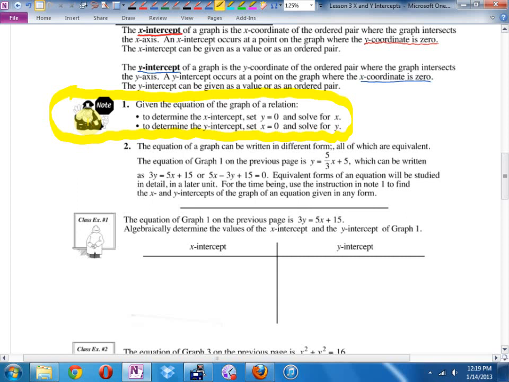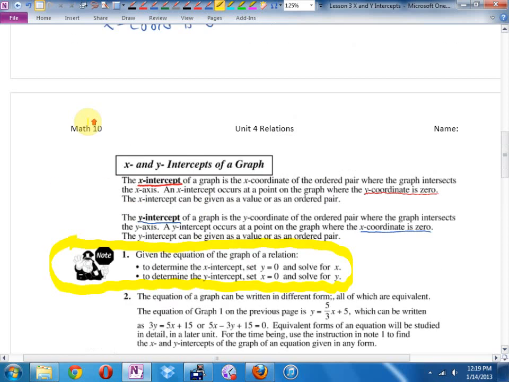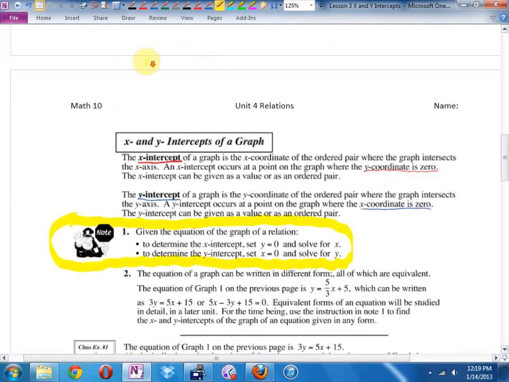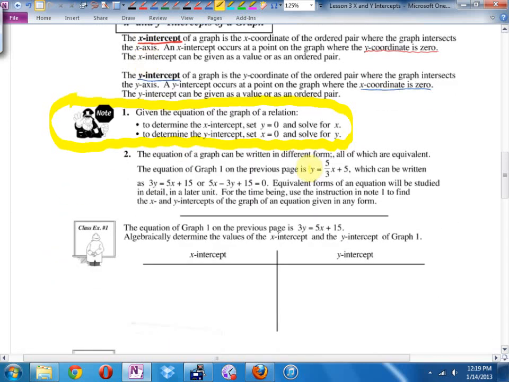Now, the second thing I want you to notice is that equations can be written in different forms. We're going to spend a lot of time looking at graphs of lines, like graph 1. That equation can be written in several different ways. It can be written as y equals 5/3 x plus 5.